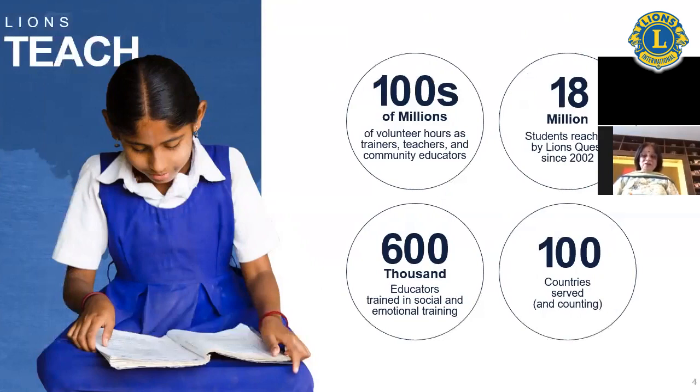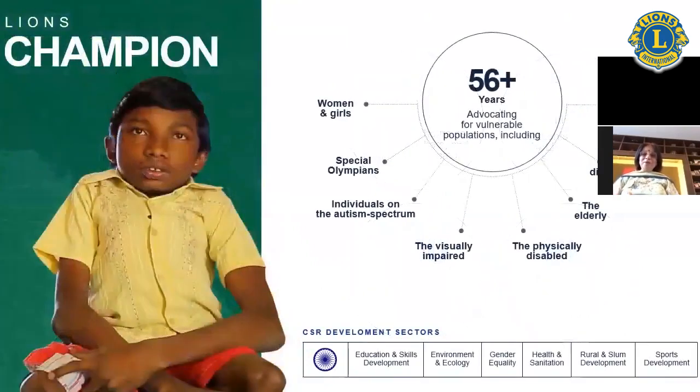Our work with children is building tomorrow's 21st century workforce of skilled leaders. Lions are also champions. Moreover, Lions also champion those who are in the most need. We give voice and credence to those who are overlooked. Through our programs and partnerships, Lions and LCIF are able to dramatically improve the lives of those who are most vulnerable.